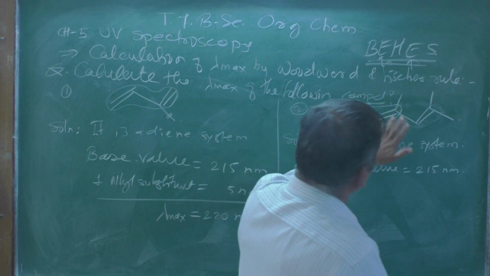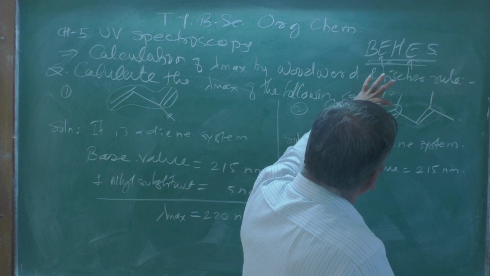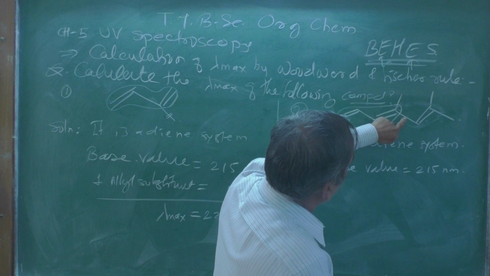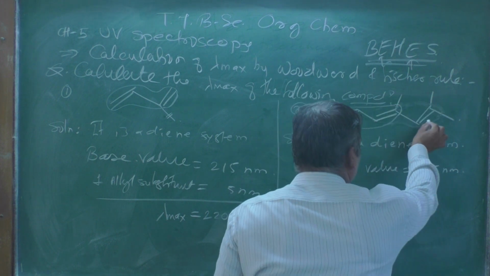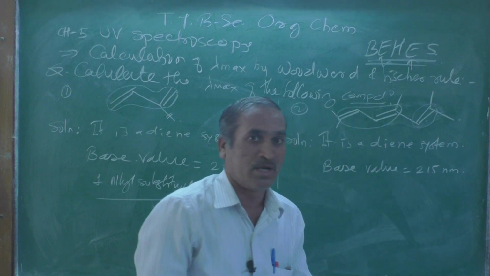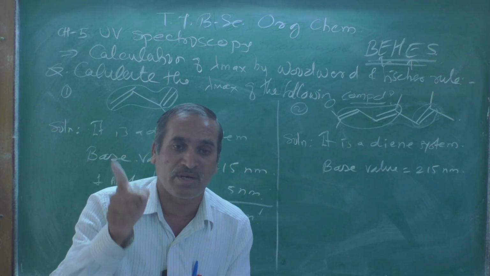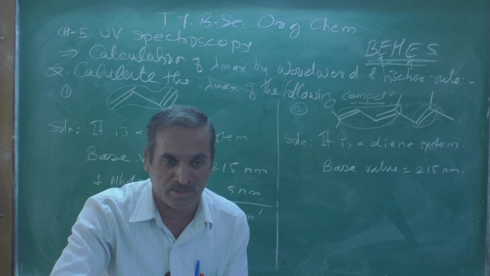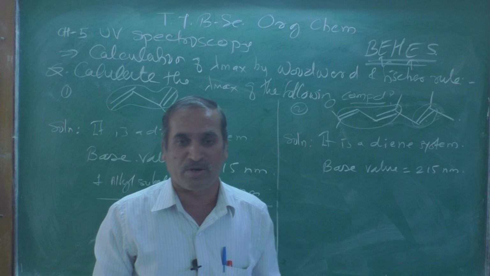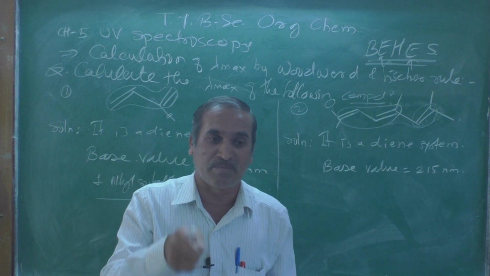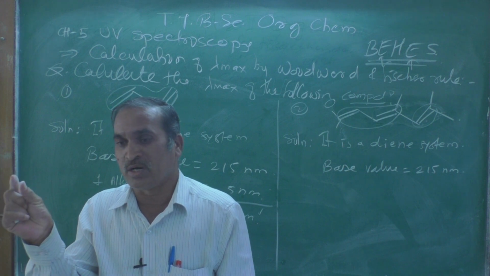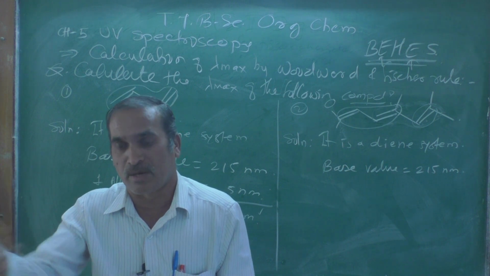If you see this structure, look here: carbon-carbon double bond, single bond, double bond, single bond and double bond. This double bond is in conjugation, and this double bond is called an extra double bond. In addition to the diene system, an extra double bond is present. That type of extra double bond is called an extended double bond.